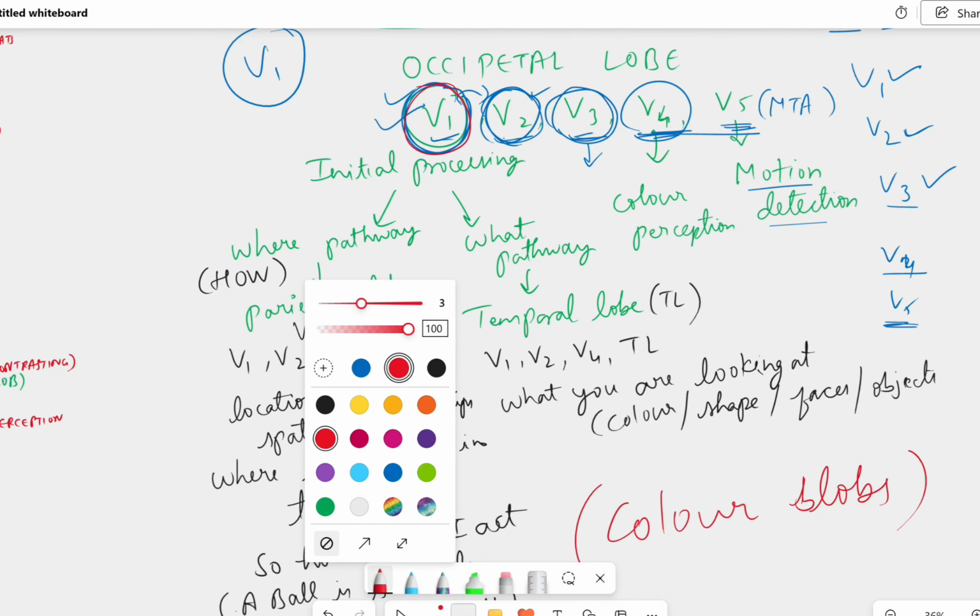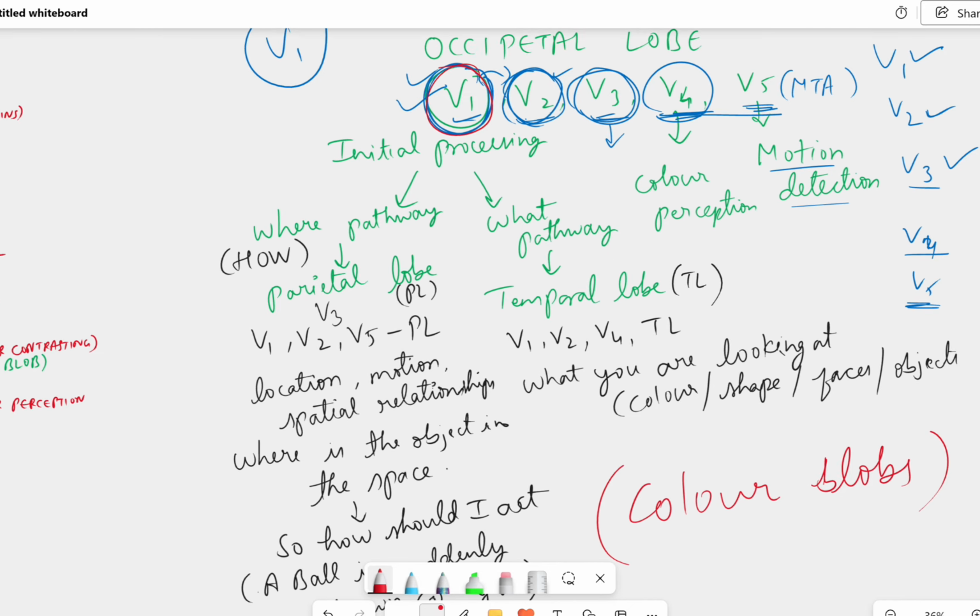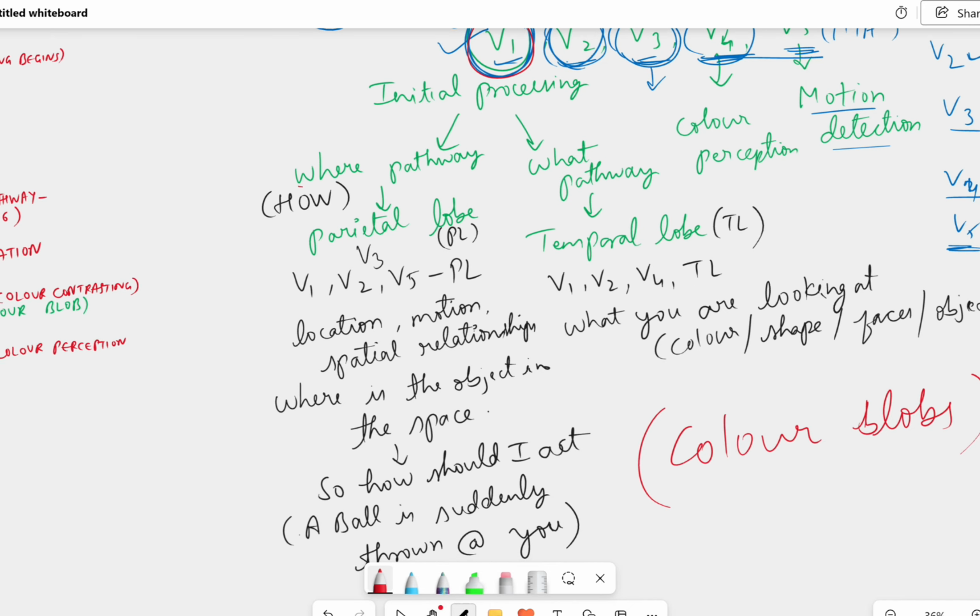Now the question here is, when the initial processing is happening in the V1 area, there is initial processing of visual information. When it happens, remember, the processing will split into two major pathways, and usually we call them the where pathway and the what pathway. The where pathway is called the dorsal stream. These are all different terms used in different books.